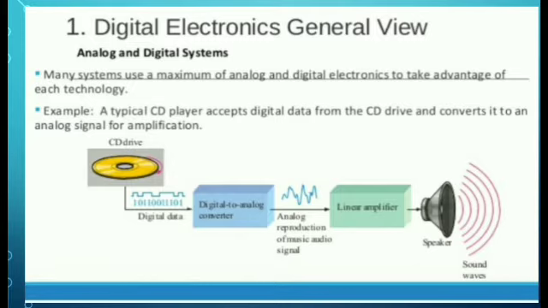See this CD drive and the digital data, which contains a digital signal. The digital-to-analog converter converts it into an analog signal, and this analog signal is fed into the amplifier, which amplifies the signal, and that signal is fed into the loudspeaker to produce sound. Okay, students, right?